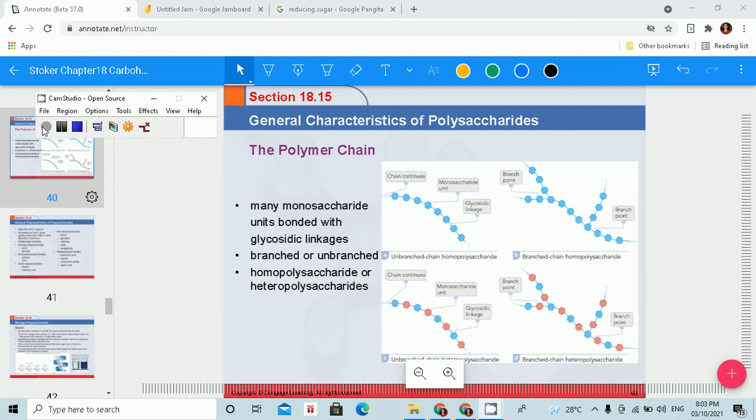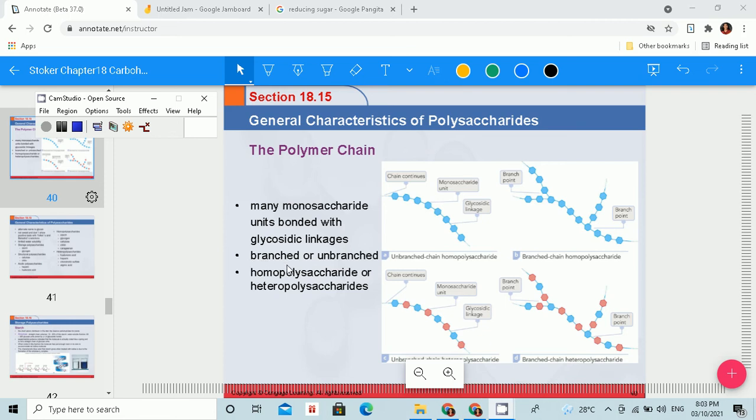Again, when two monosaccharides connect, the linkage is a glycosidic linkage. And here also in the polysaccharide, the linkage is glycosidic linkages.